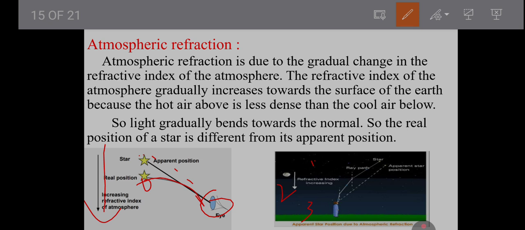The star is at its actual position and the observer is here. When the light comes from the atmosphere towards the earth, the ray of light bends towards the normal at each level. That is why, if you look directly, the star appears on this side instead of its actual position. This is called atmospheric refraction.